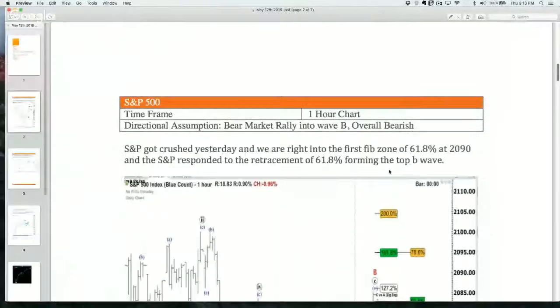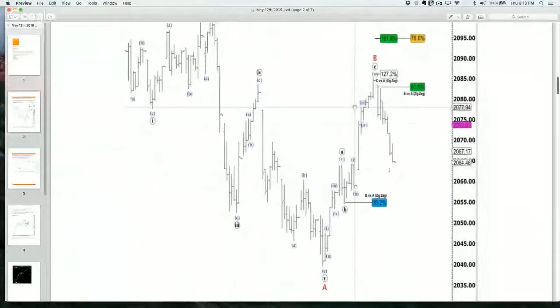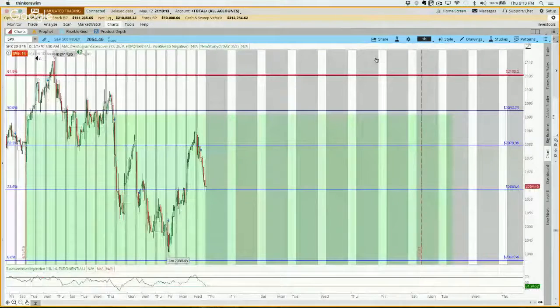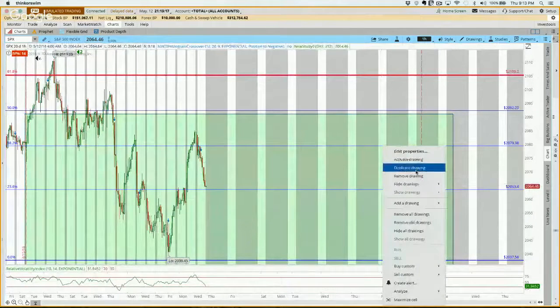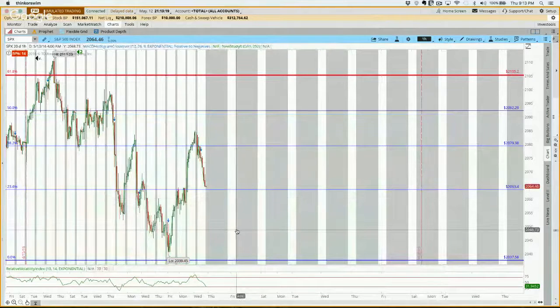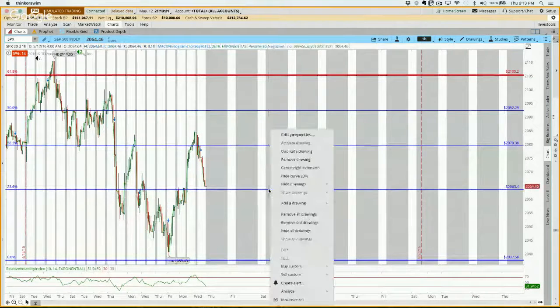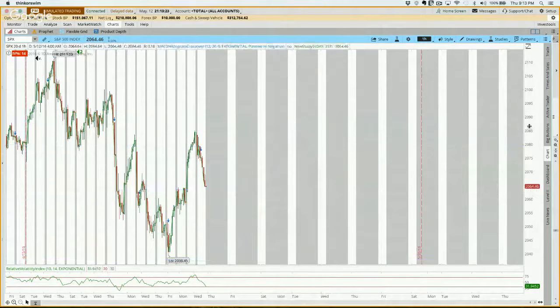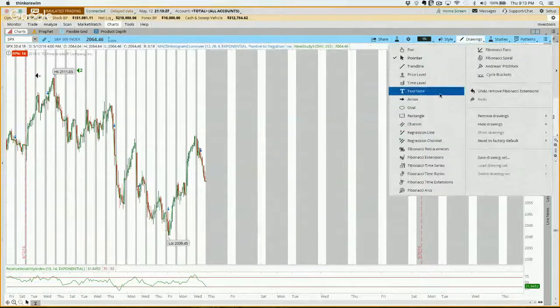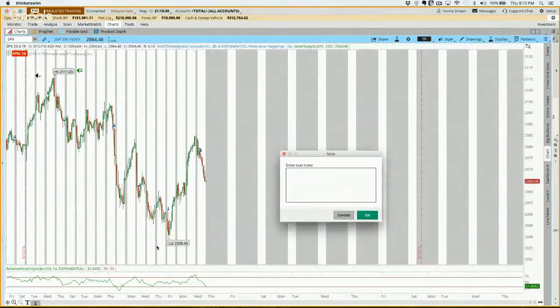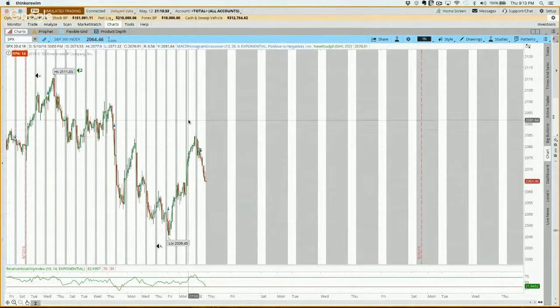And on your 1 hour chart, just plot A and B. Okay. Let me take this out. Right. So that'll be drawing text node A and B.